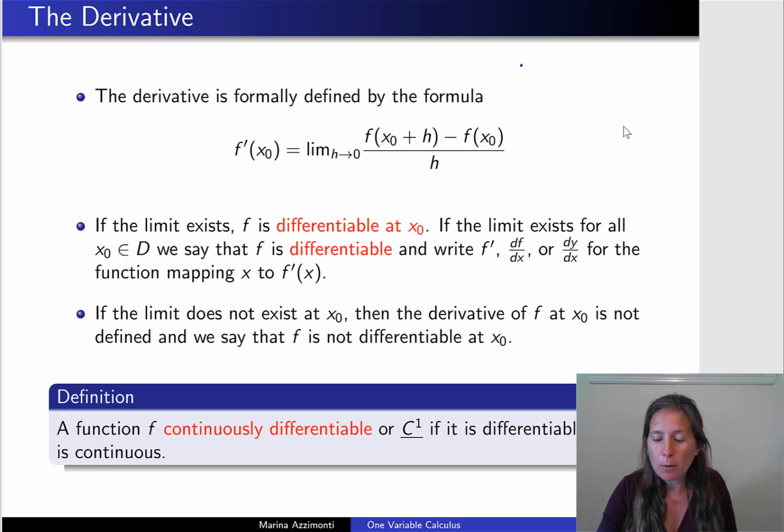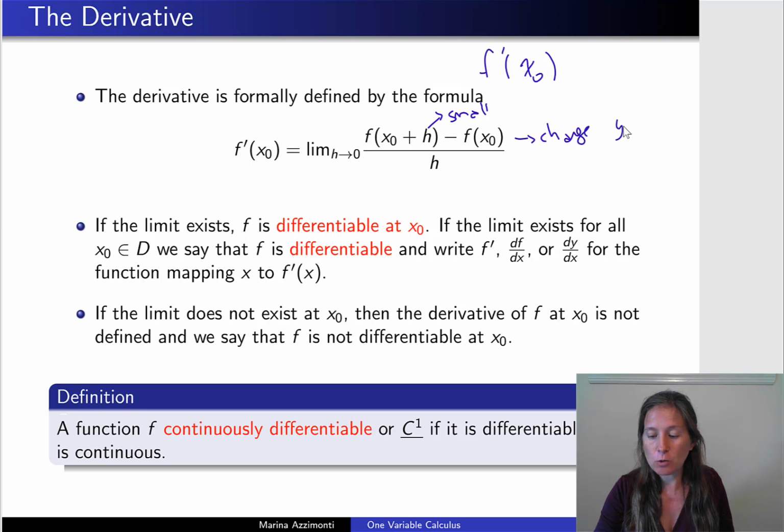So let's say we have a point x0 at which we want to compute the derivative, f prime at x0. So what can we do? Well, we add a very small number, h, and we look at the change.